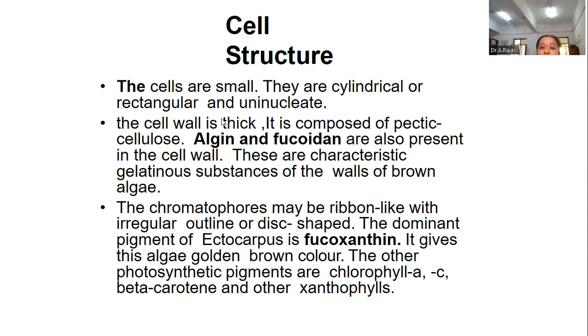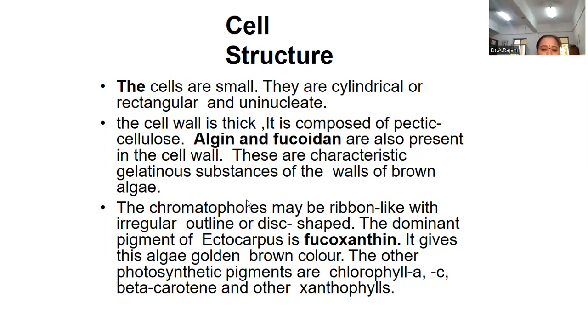Very important, these two are economically important. In all Phaeophyceae, the brown algae, the cell wall is made up of alginic acid and fucoidin. This is an expected question. Alginic acid and fucoidin in the cell wall are the characteristic gelatinous substances of brown algae.